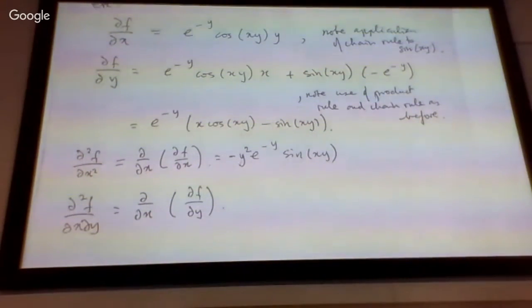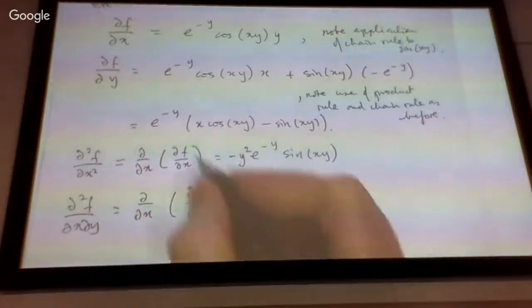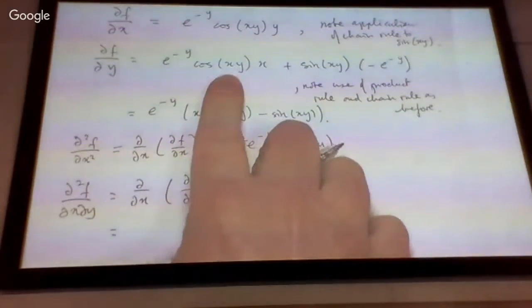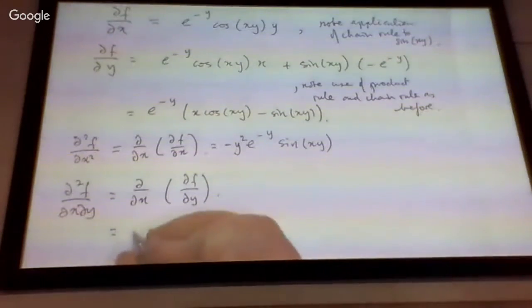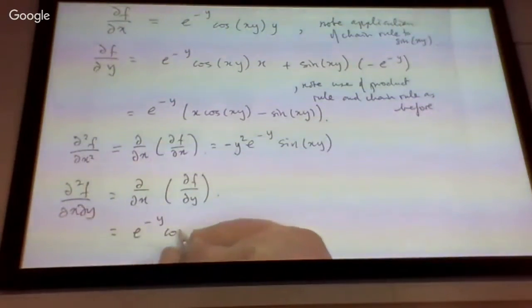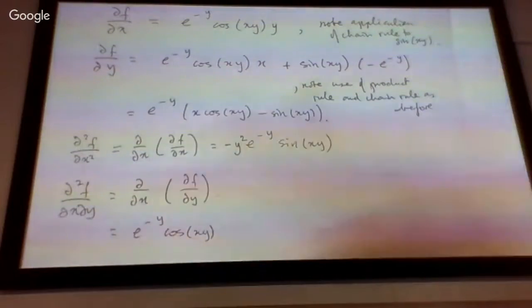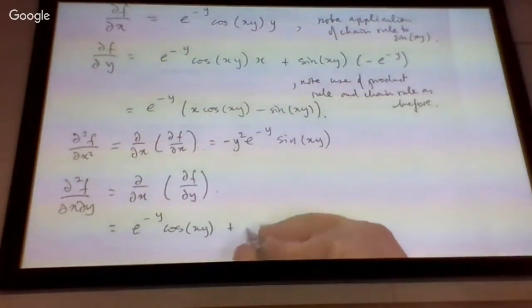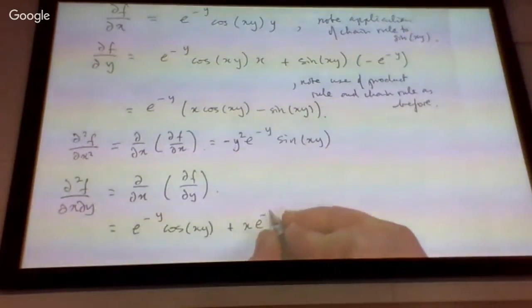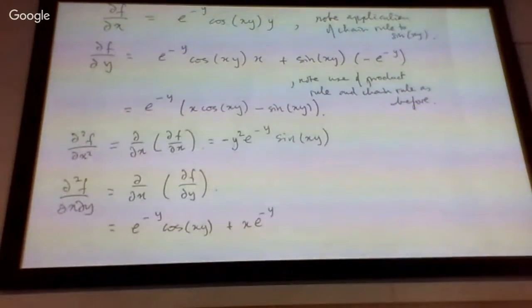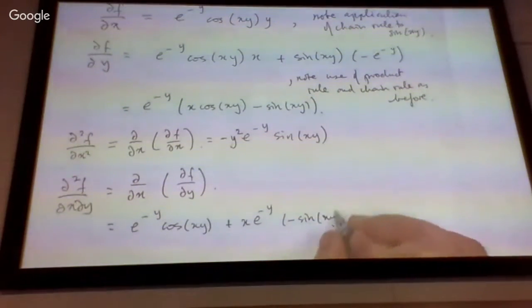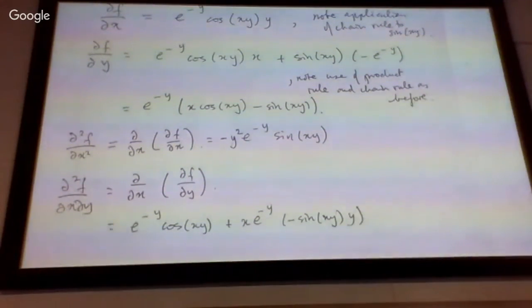So we just have to bite the bullet and do d/dx of df/dy. We need the product rule on this first one. So it's going to be e to the minus y cosine of xy times the derivative of x, which is just 1. Then plus x e to the minus y times the derivative of cosine of xy, which would be minus sine of xy times y, differentiating with respect to x.